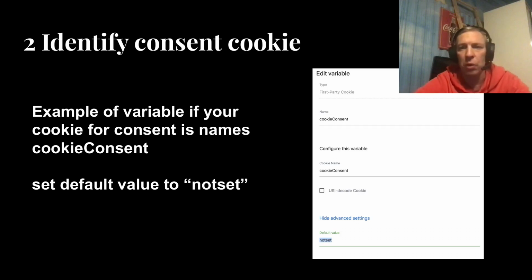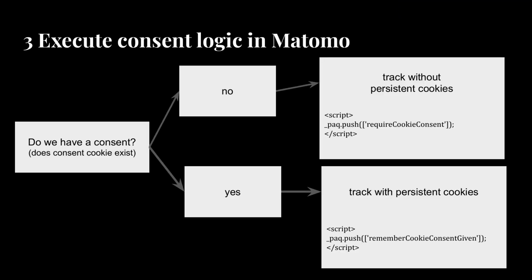And to do so, I usually create a variable that reads that cookie information from the browser. And by doing so, I can create a new logic so that if the cookie is set, I can execute that we have a consent given to Matomo, which is the yes option down here.